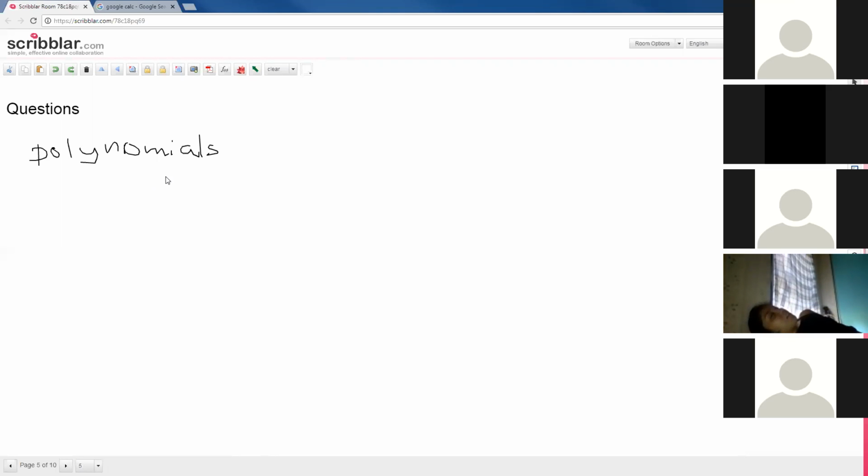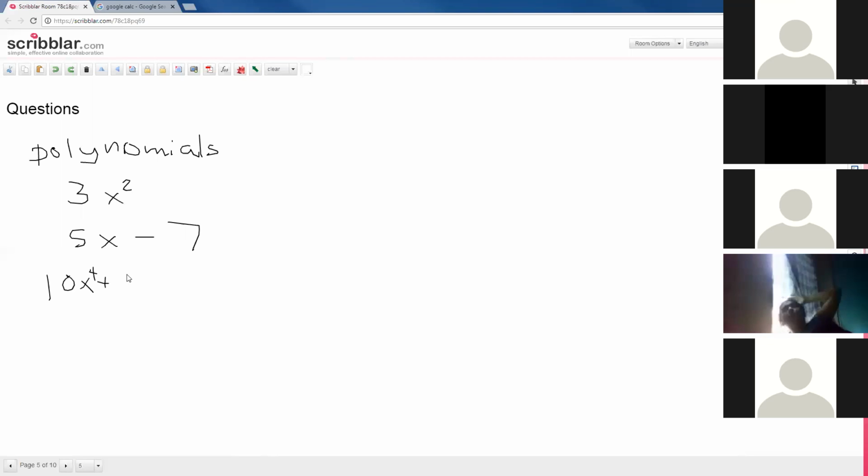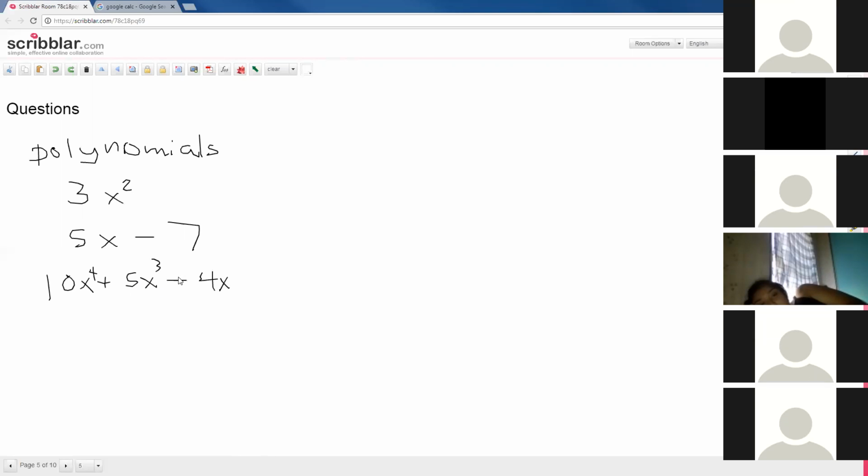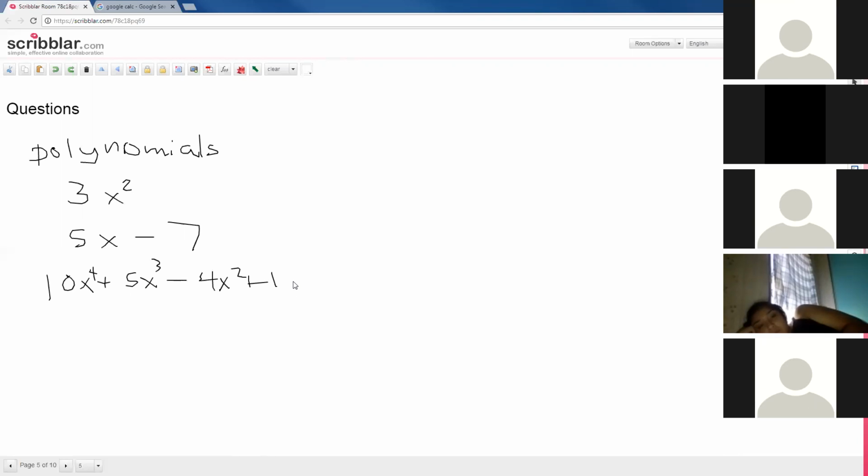A polynomial is any combination of numbers and letters. 3x squared is a polynomial. 5x minus 7 is a polynomial. 10x to the fourth plus 5x cubed minus 4x squared plus 1, that's a polynomial. Any combination of variables and numbers. So they all have different parts to them and they all have different names.